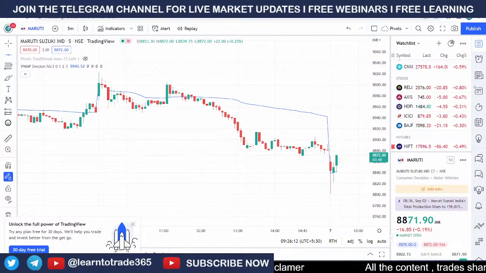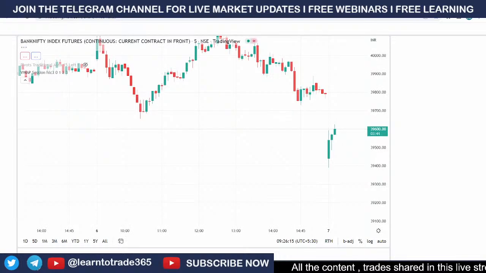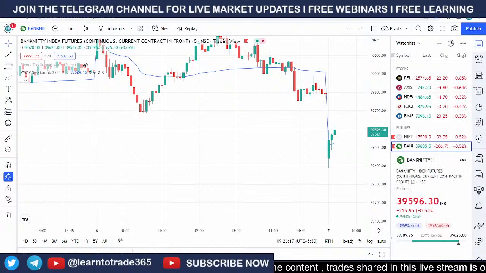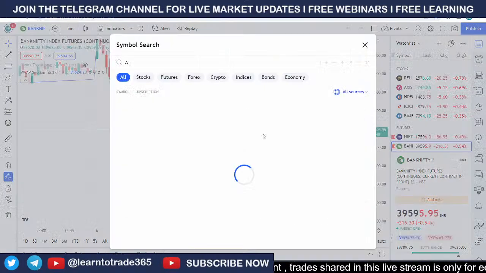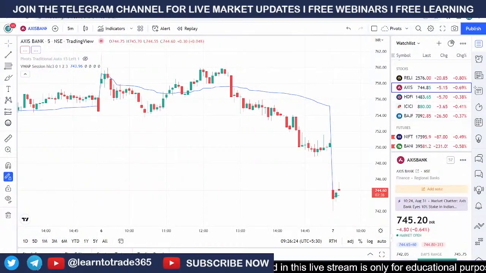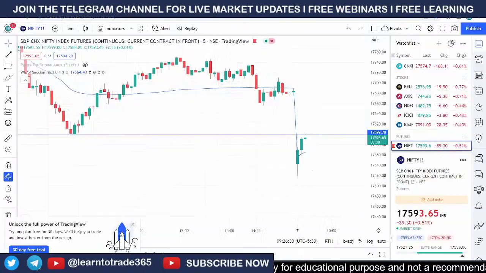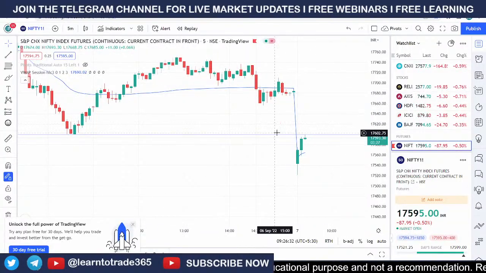Let's see, Axis Bank will be on my watch list as of now in the current stage of price. Happening on Banknifty, flat, approaching the previous day's low.